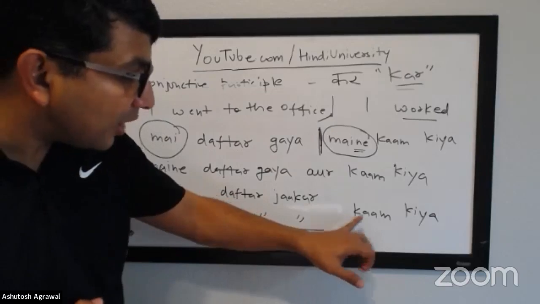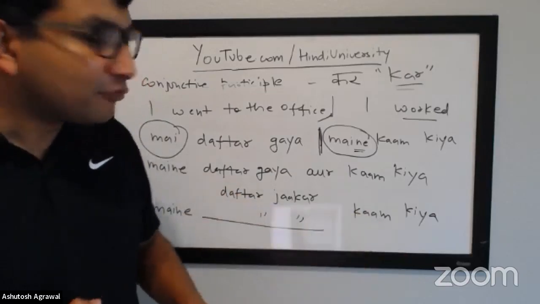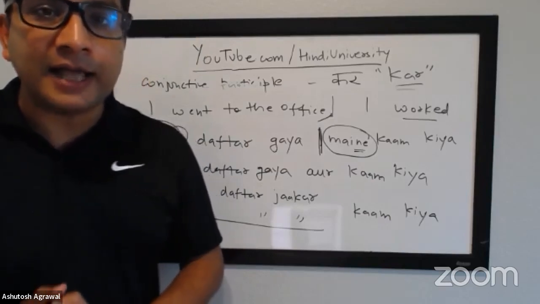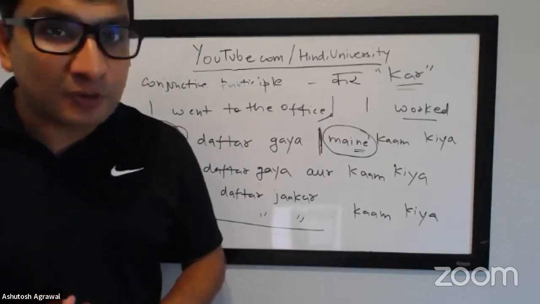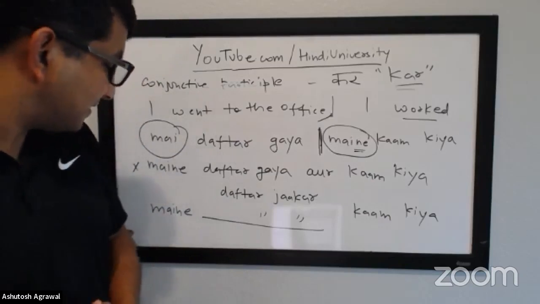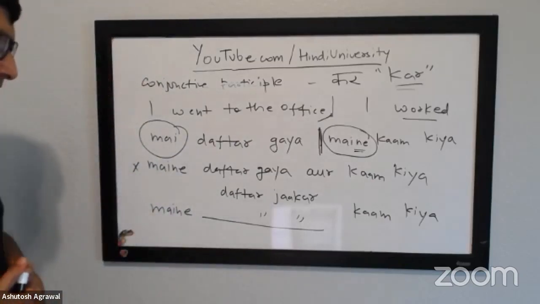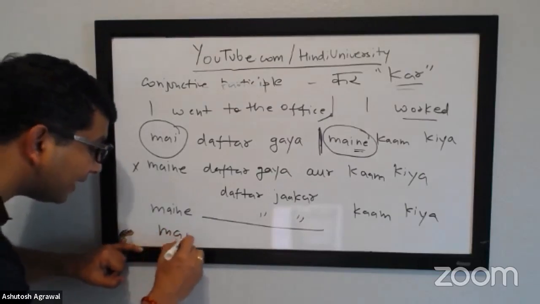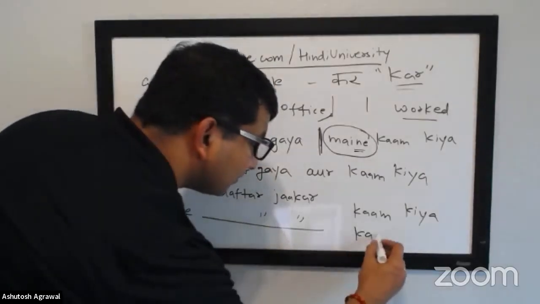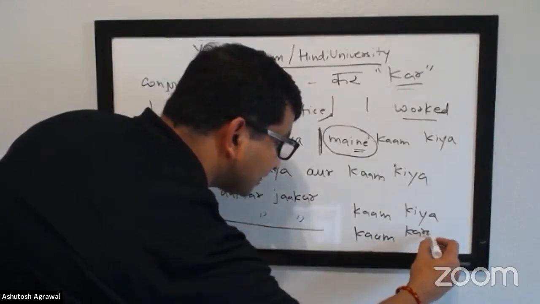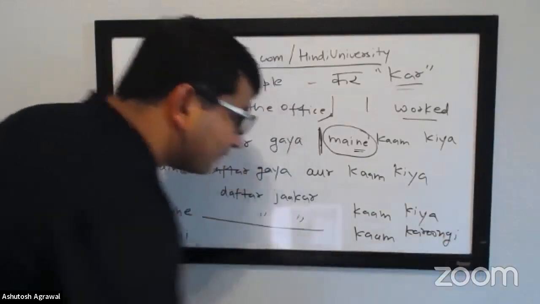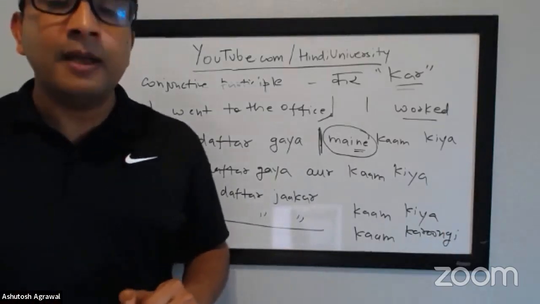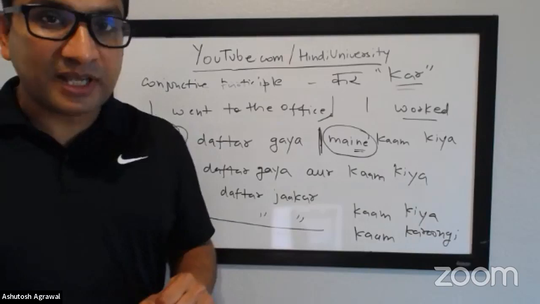Now you have to say the same sentence for future indefinite. Like I will go to office and I will work. मैं दफ्तर जाकर काम करूंगी. Very good, right? So your second sentence is still मैं काम करूंगी, which means I will work. मैं ऑफिस जाऊंगी, मैं खाना खाऊंगी, मैं पानी पीऊंगी.